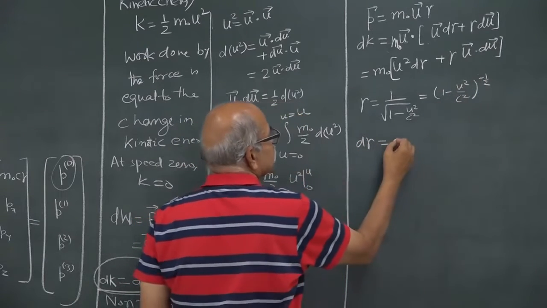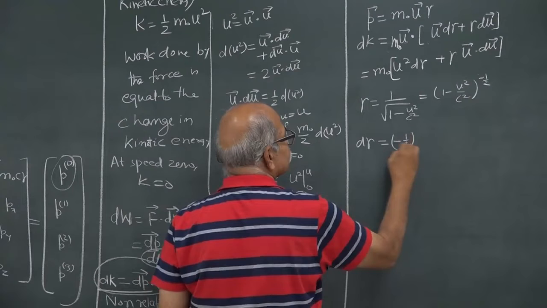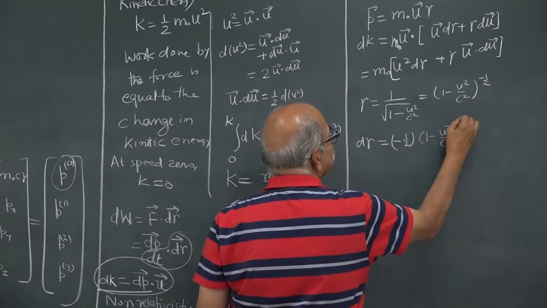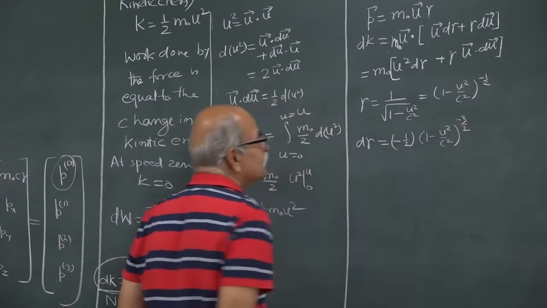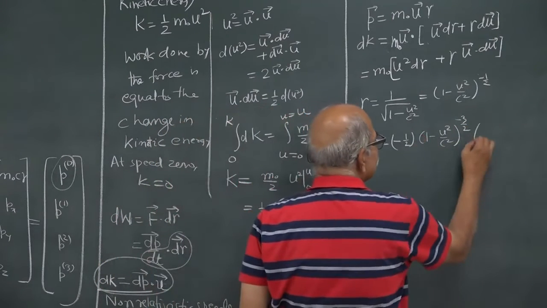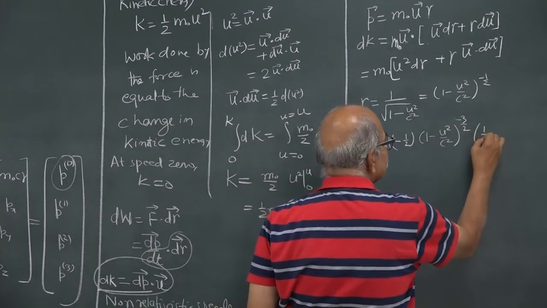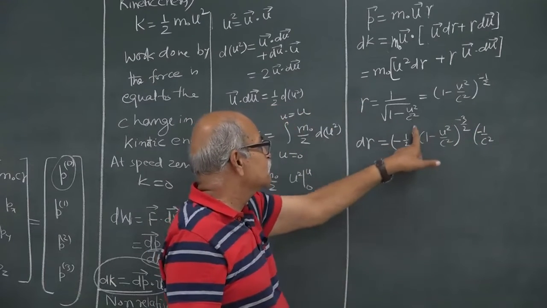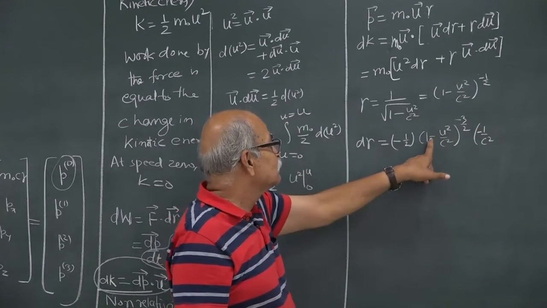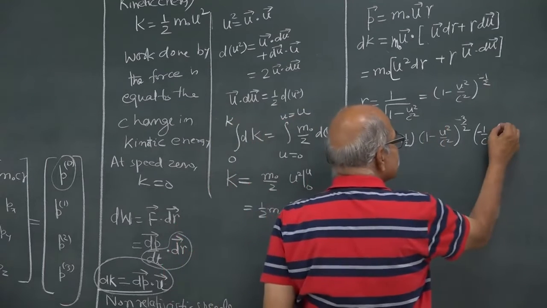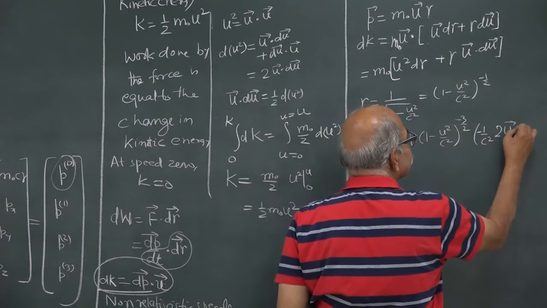First you differentiate this minus half here, then 1 minus u square by c square to the power minus 3 by 2 here, then you differentiate the inside, and when you differentiate this you have minus 1 by c square. You are differentiating this with respect to u, so minus 1 by c square times u square. U square, when you differentiate you get 2 times u dot du.